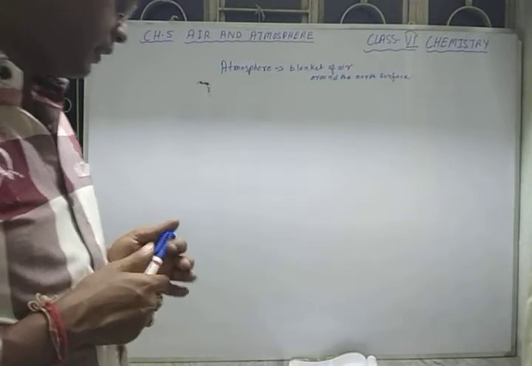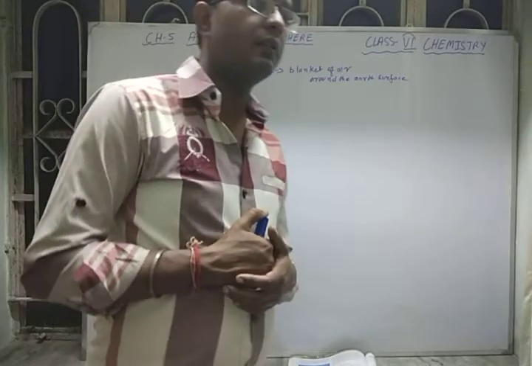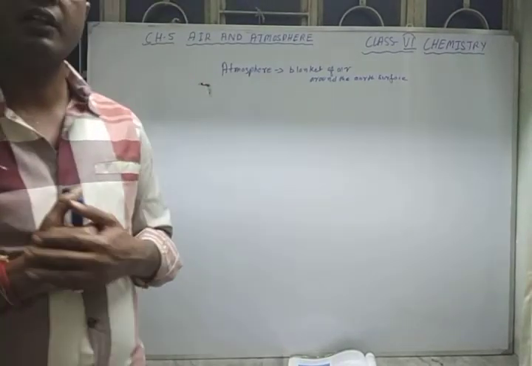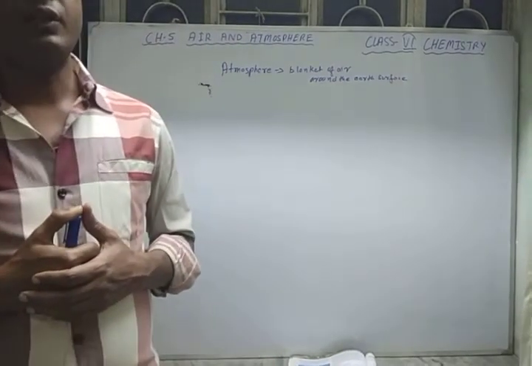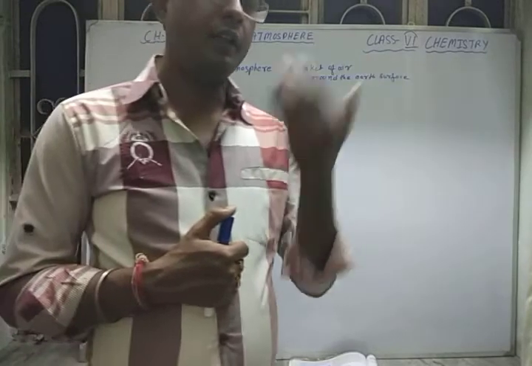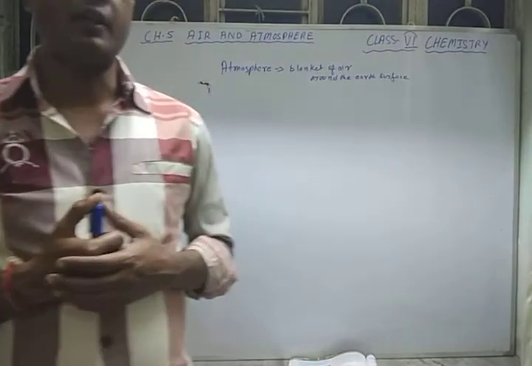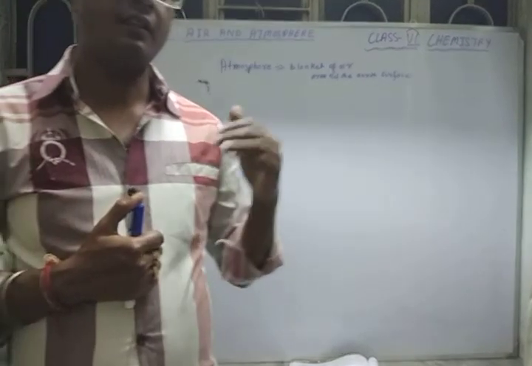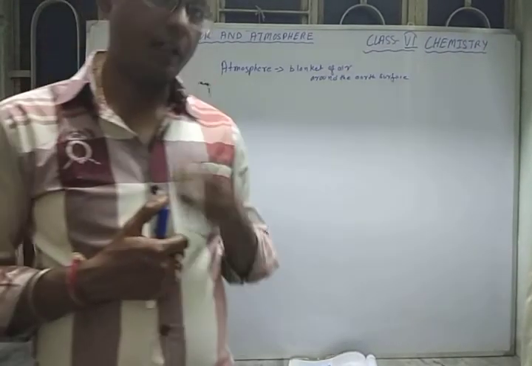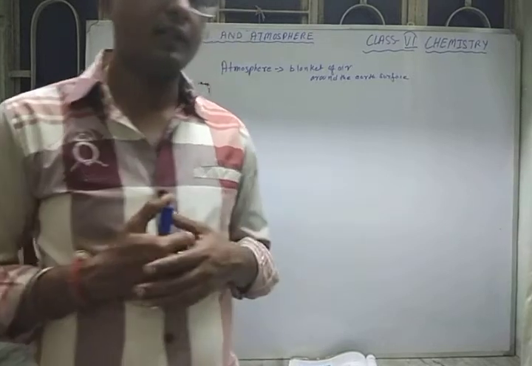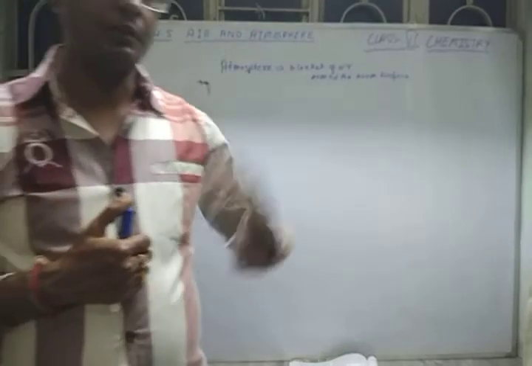Now, approximately it has been seen that above the Earth's surface there is atmosphere up to 300 kilometers. But as we go up to high altitude, the layer of air becomes less dense. That means air is densest just above the Earth's surface, up to a few kilometers.